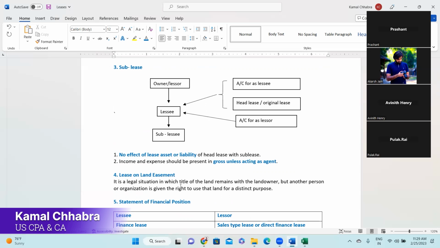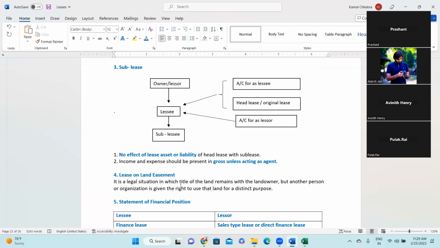On that top floor, I created a food court and gave it on lease to Domino's, McDonald's, KFC, and different outlets of the food zone. That kind of arrangement is called subleasing.